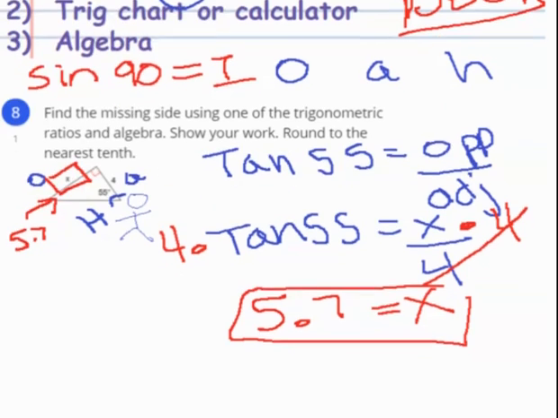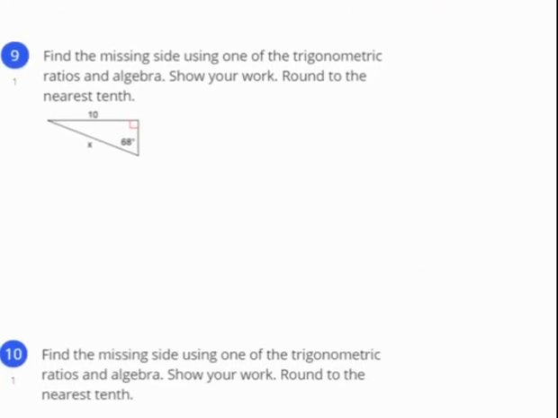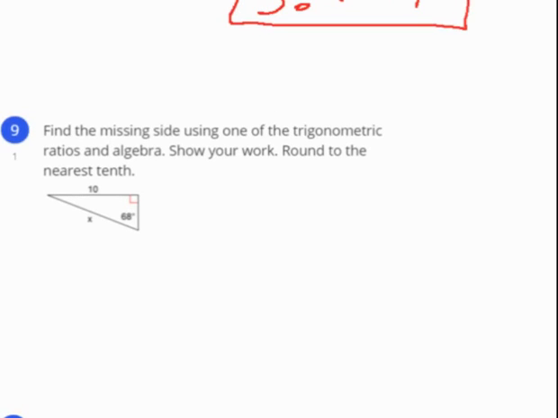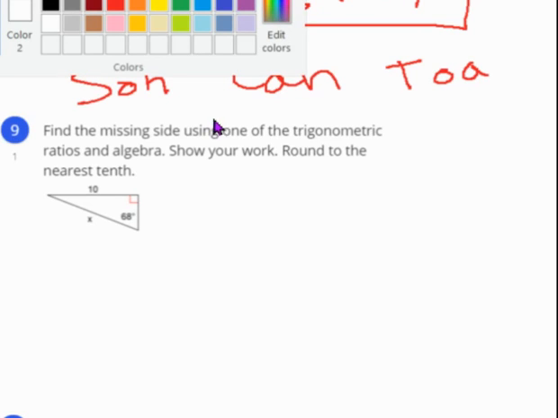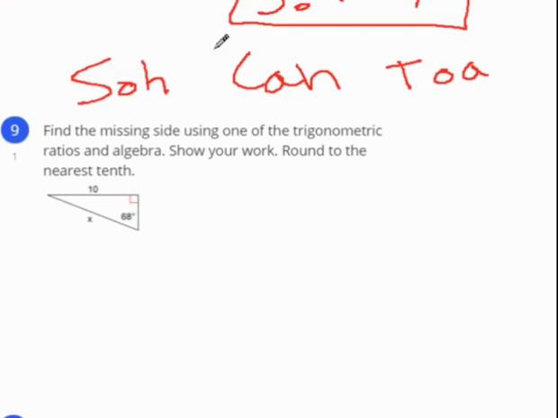All right, let's go down to number 9. And before we start number 9, I'm going to write the ever important SohCahToa, because when we unpack that, then we know how to set up our equations. All right, first thing is, where are you standing? Well, you're always standing wherever that degree is, so I'm right here. Then we have to identify our side lengths.